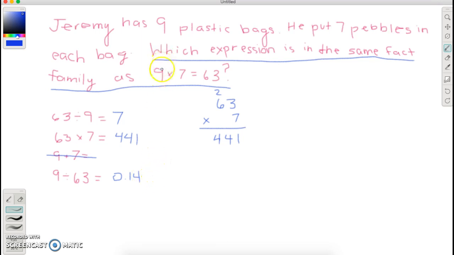If we know that the 3 numbers are 9, 7, and 63, we have to look for the equation that also has 9, 7, and 63. So that's going to be this top one here. We know that 63 divided by 9 equals 7 is an expression that's in the same fact family as 9 times 7 equals 63.